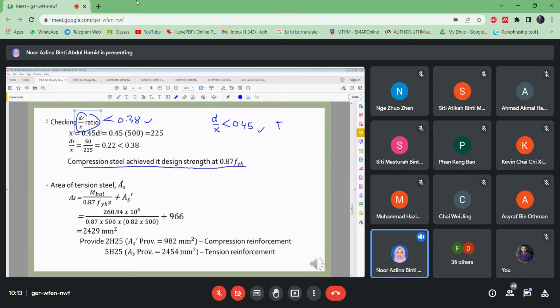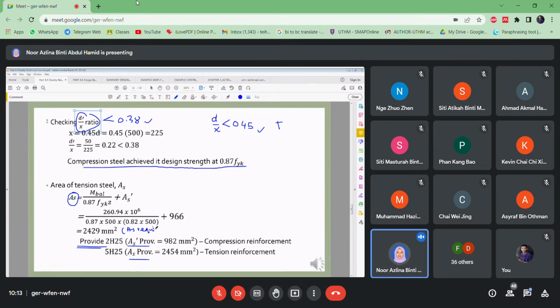Okay, so then we have AS prime, and also you need to determine AS. Okay, so this is the equation, just replace it. So this is all the reinforcement that we need to provide, that we call AS provided according to the AS required. This is all the AS required. Yeah.